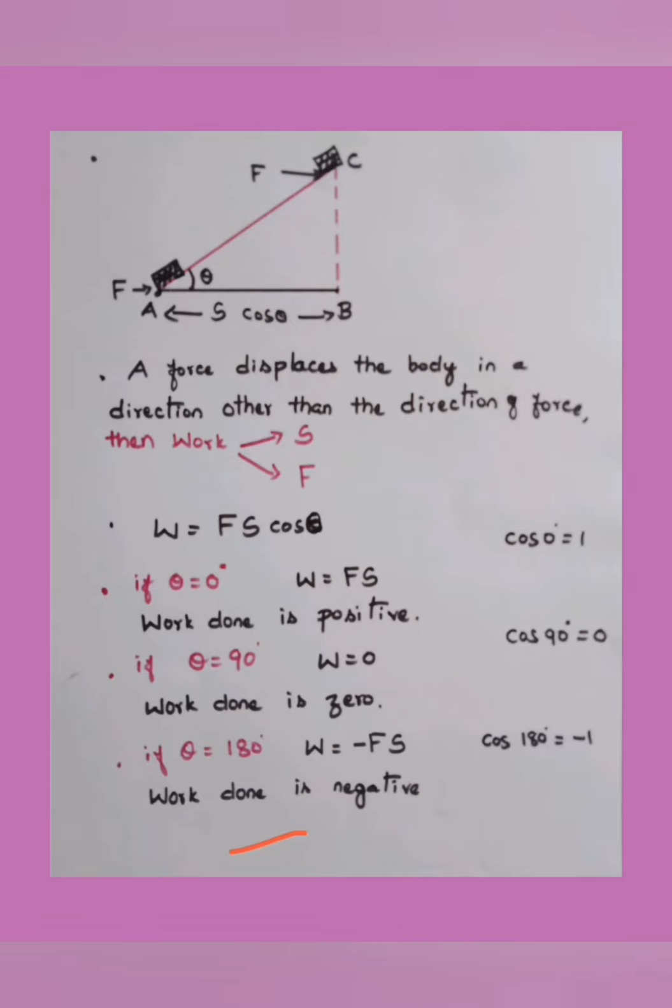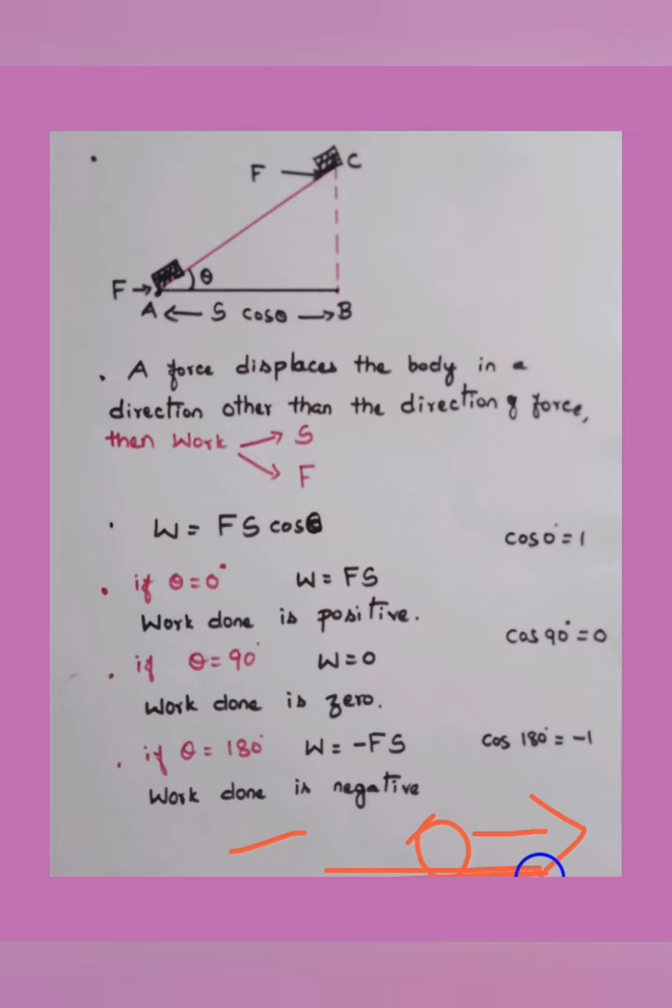When a body moves on a surface, for example the floor, and an object is moving on it, the force of friction between the body and the surface acts in the direction opposite to the motion of the body.